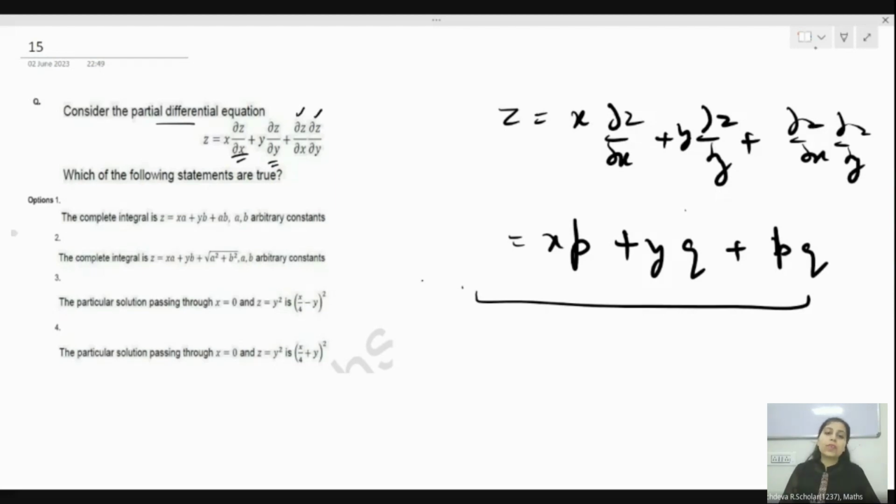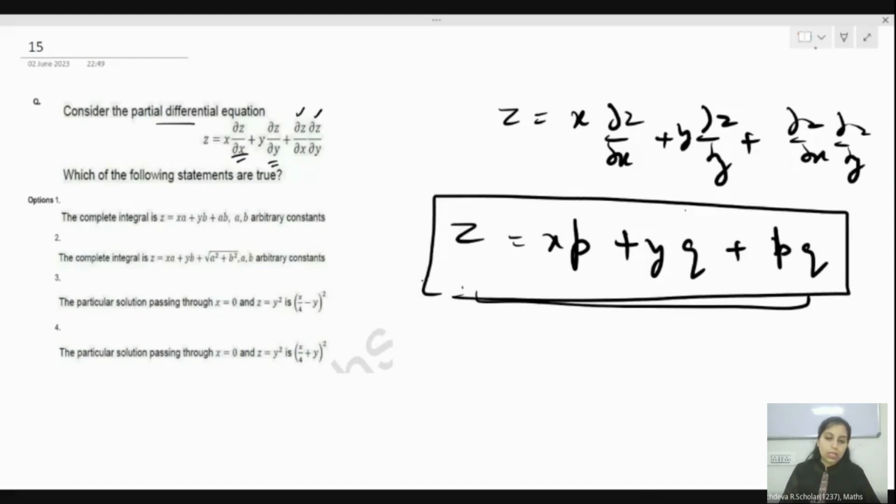In this type of equation, a very special kind of equation is given here. This equation is known as the Clairaut equation.